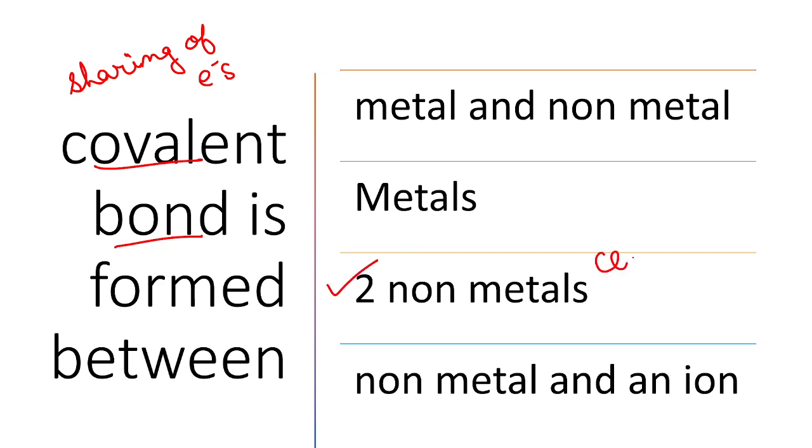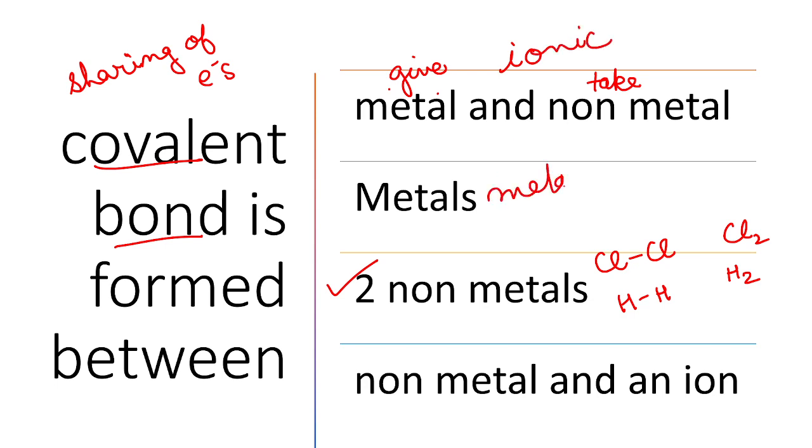We have already done examples, chlorine, Cl2, and hydrogen, H2. Since both are non-metals, they can share electrons. See, metals can only give electrons. One metal can give and one non-metal can take electrons, so this will form an ionic bond. This will form a metallic bond, right? This will form a covalent bond by sharing.